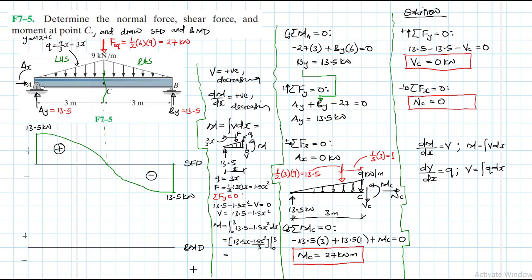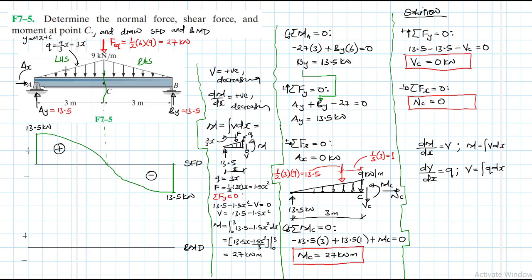So this therefore gives us 13.5 times 3 minus 0.5 times 3 cubed, since 1.5 over 3 is just 0.5. So this gives us 27 kilonewton meters. So this is the moment from A to C, and we said its slope is going to be positive but decreasing, right?